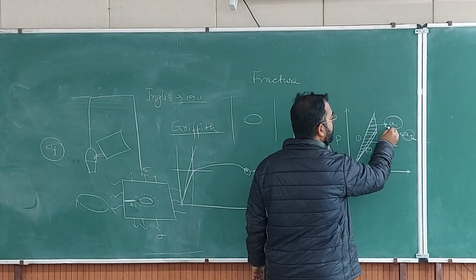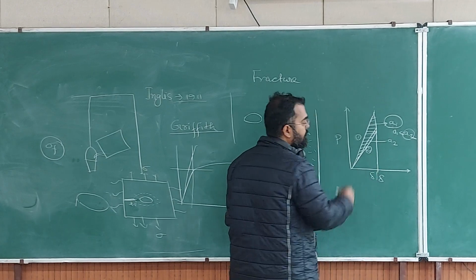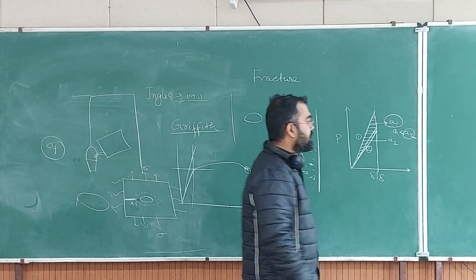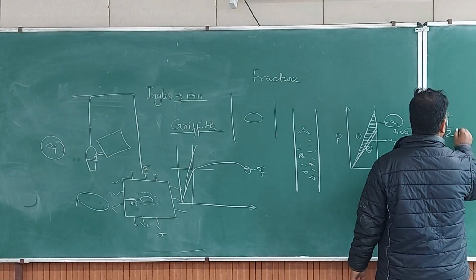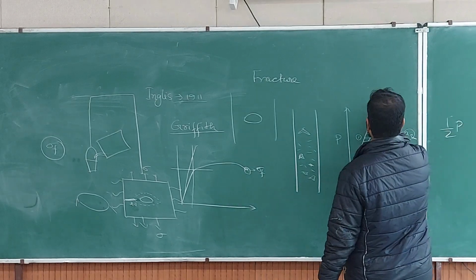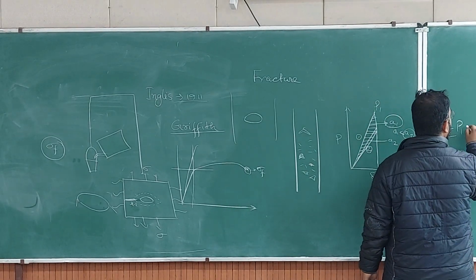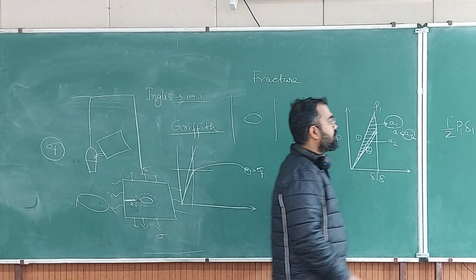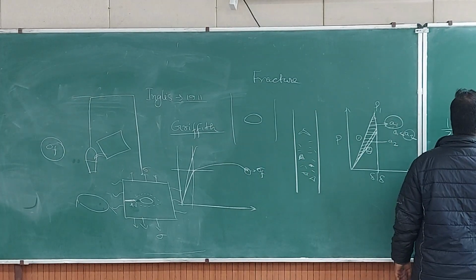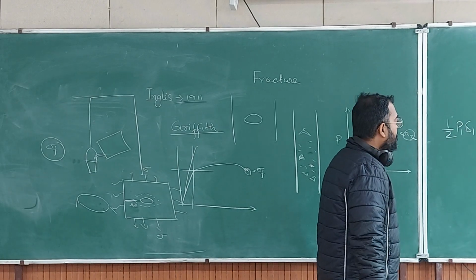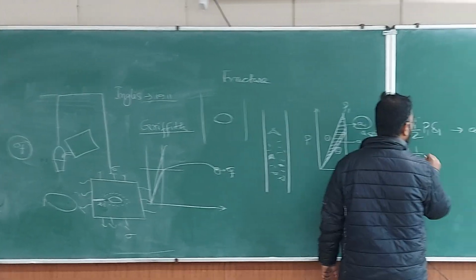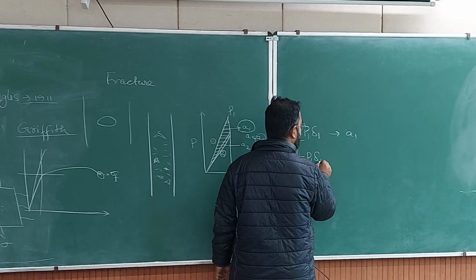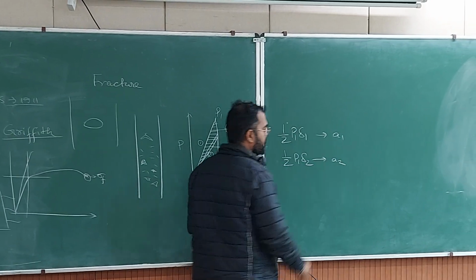Initially it was here, so there was this much energy. What is that? That is half into force, whatever force, so this is P1, let us say. So half P1 delta 1. This is the amount of energy which was available when the crack was A1. Now it has grown to A2 and the amount of energy is this, right?